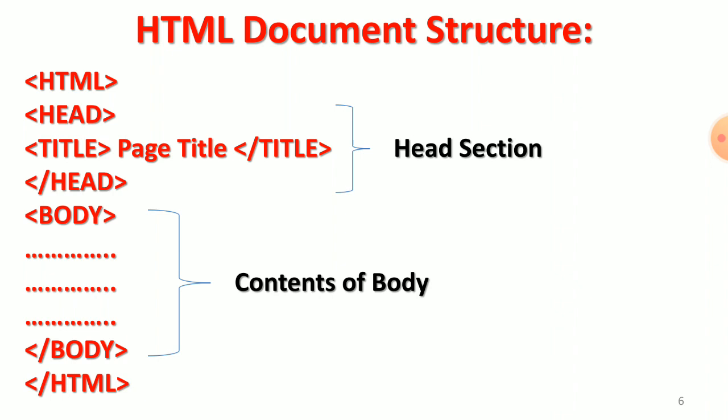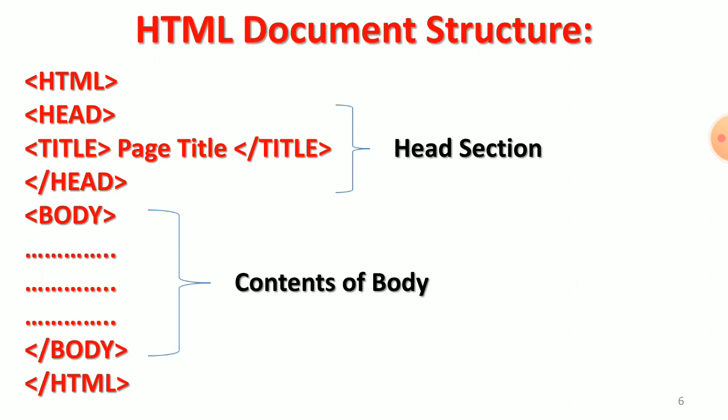Second, head, and the next title, content, and slash title and slash head over. That means a head section part. And the next main part of an HTML document is the body part. That means a body section. Body and slash body is the main section.